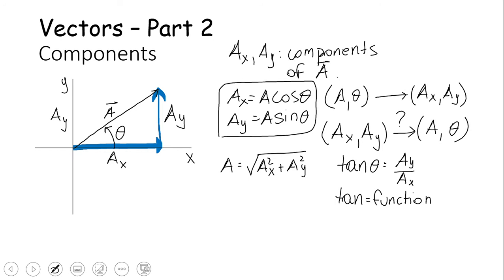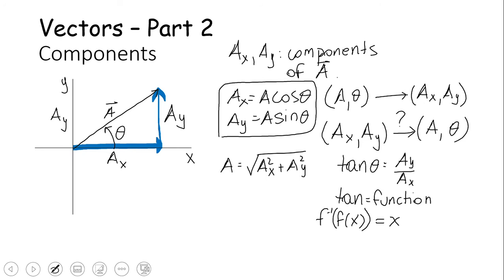If you have a function f of x, and you know that that function has an inverse, then you can take the composition of the function with its inverse, and we know that that gives us back the argument. Well, what that means is really that if we know tangent, we can take the inverse tangent, and that will give us the angle itself.